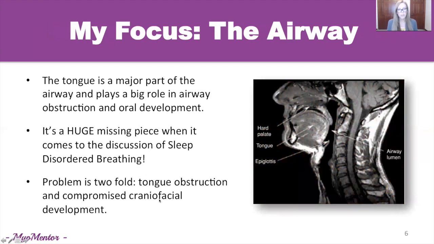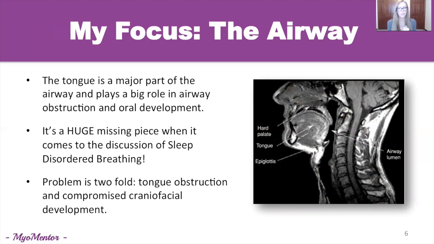My focus in doing myofunctional therapy is actually the airway. The tongue plays a major role in the airway. If the tongue is in the right place, our airway is open. If it's in the wrong place, the tongue impinges on the airway.